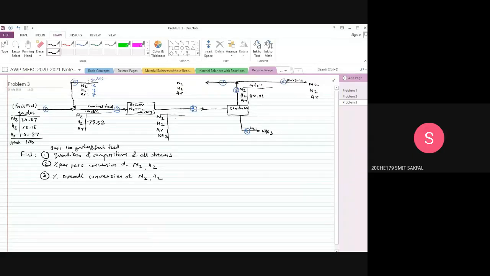Sir, in the combined feed, the mole percent of H2 is 79.52. And gram moles is 75.16 plus Y. So we can calculate the total gram moles of combined feed.